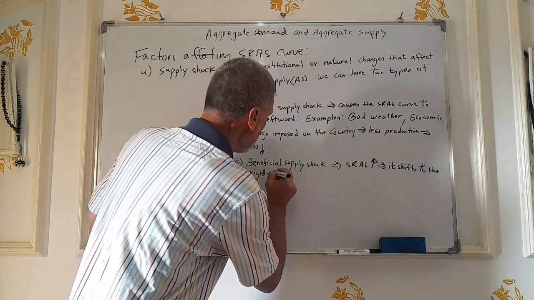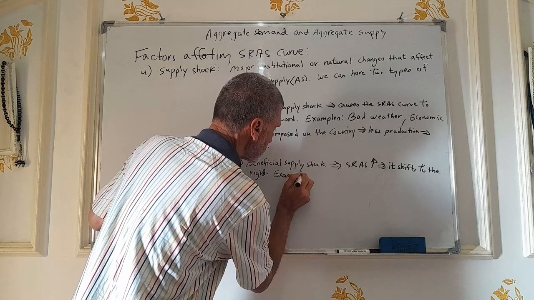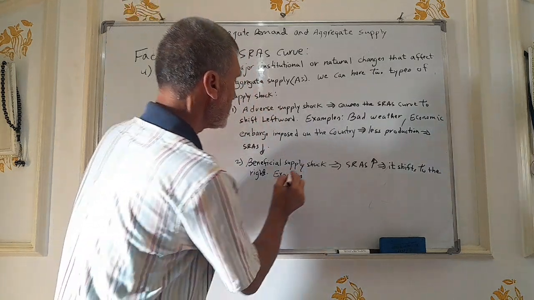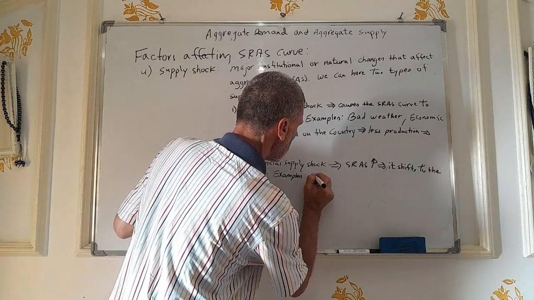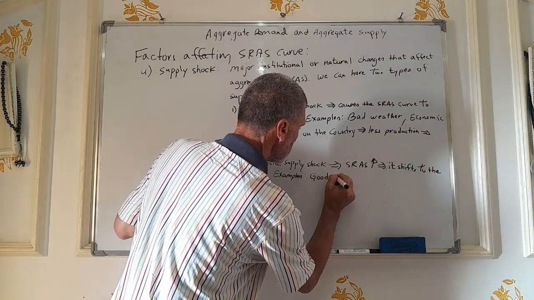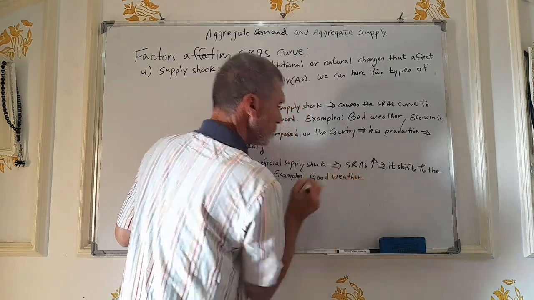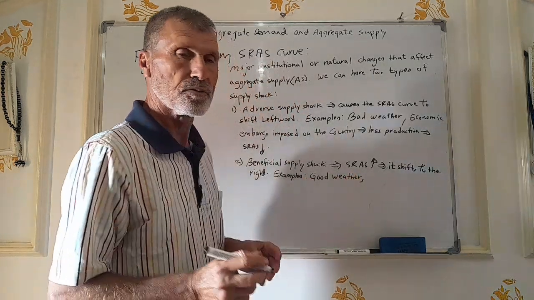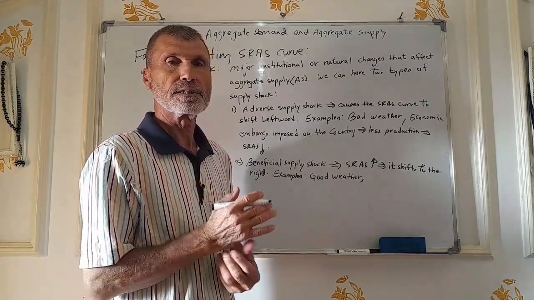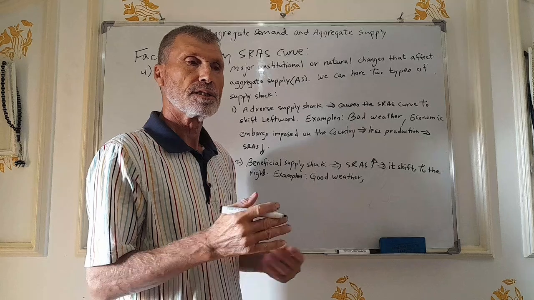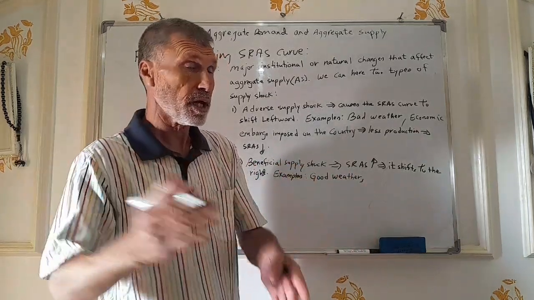Okay? Examples: very good weather. Good weather can result in a large increase in production in the country. Therefore, more production, which implies that the short-run supply shifts to the right.